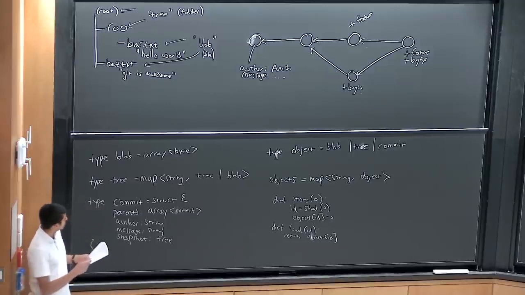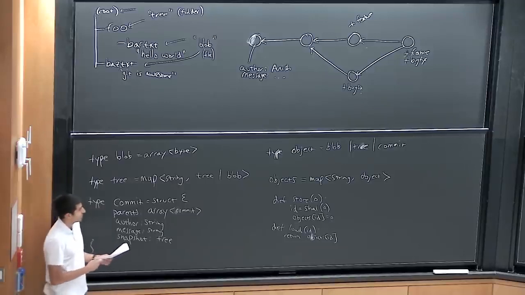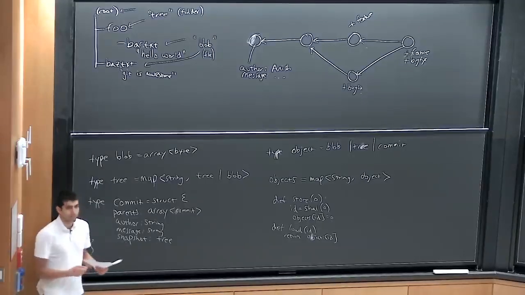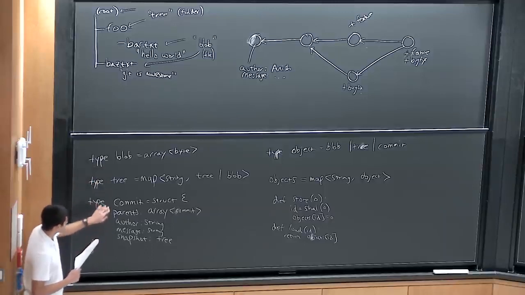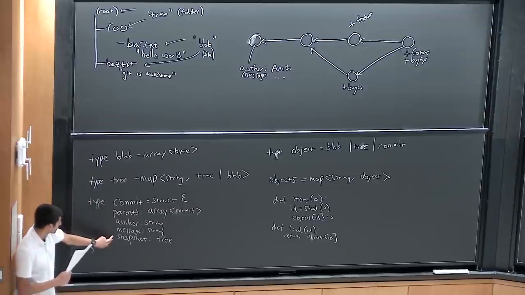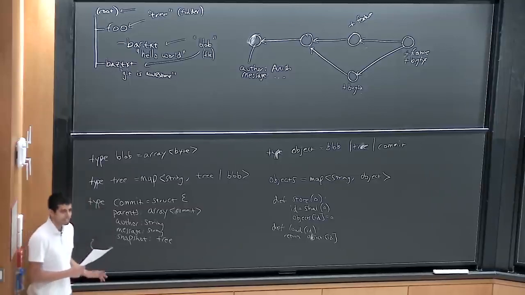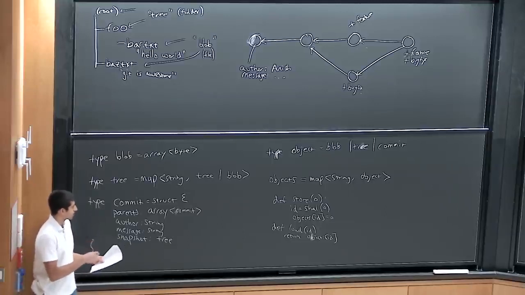Okay, so blobs, trees, and commits in Git are unified in this way. They're all objects. And as you might think, given my description here, it looks like commits contain a whole bunch of other commits and contain a snapshot and things like that. In practice, it doesn't actually work that way. Instead, all of these are pointers.